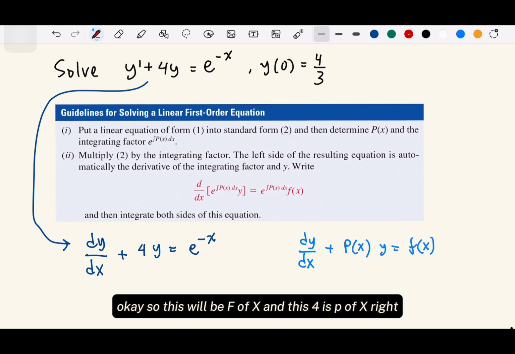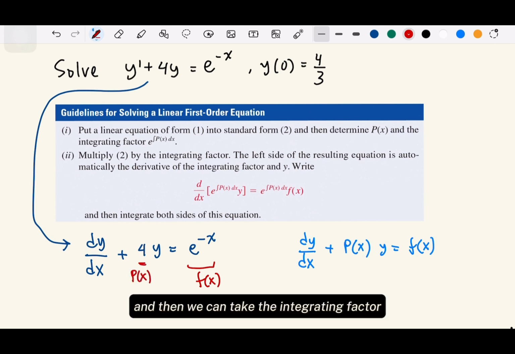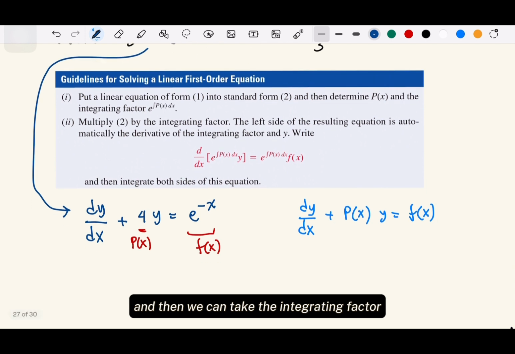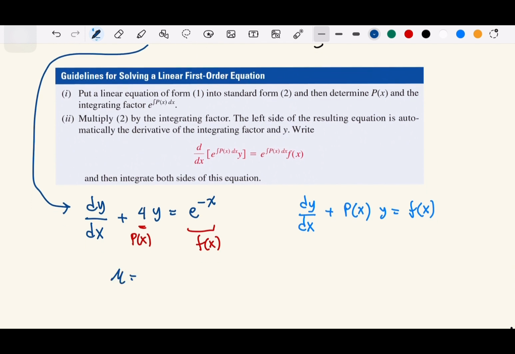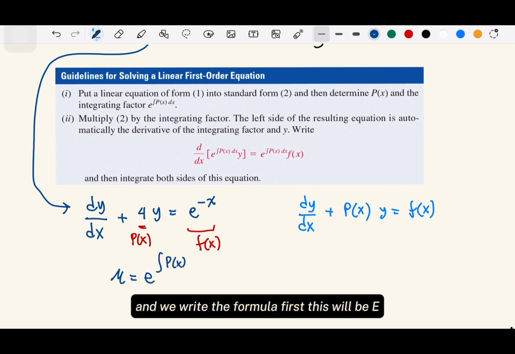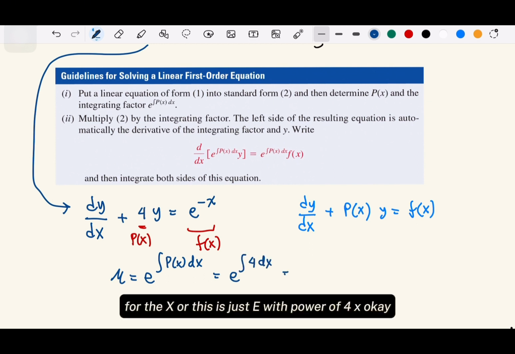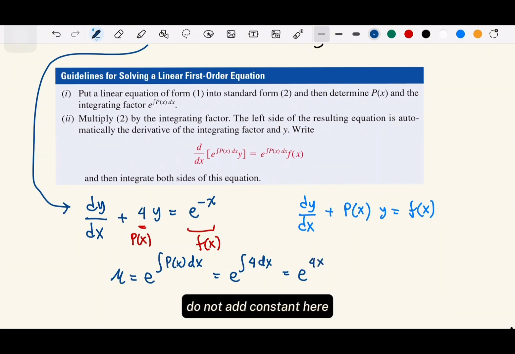So this will be f of x, and this 4 is p of x, right? And then we can take the integrating factor, which is equal to e to the power of the integral of 4 dx, or just e to the power of 4x. Okay, do not add a constant here. So this is the simplification.